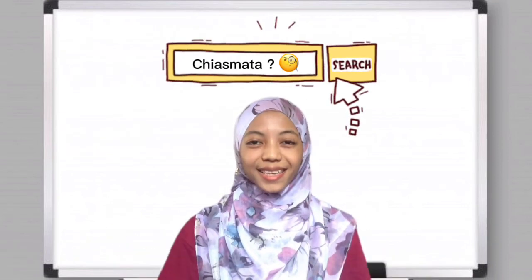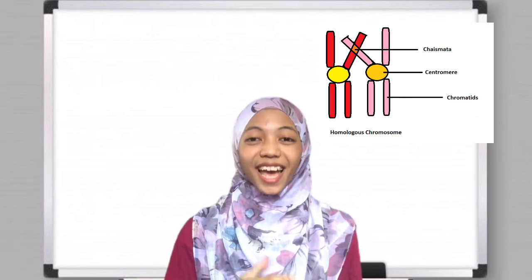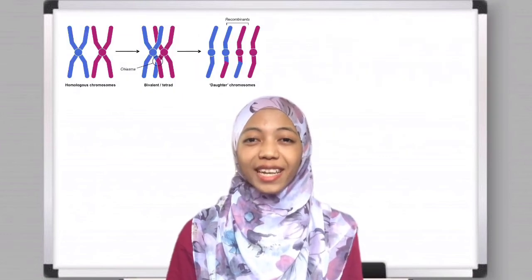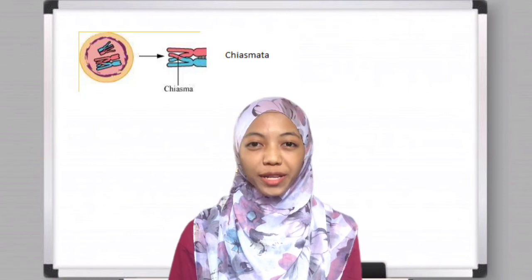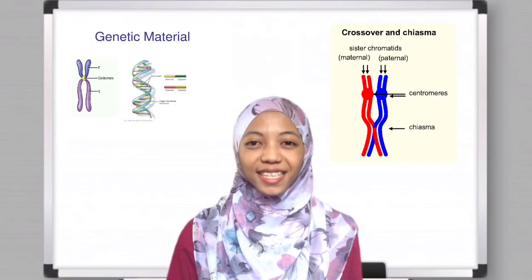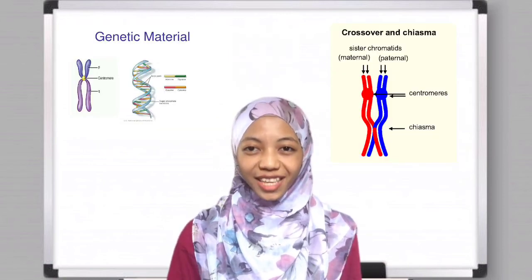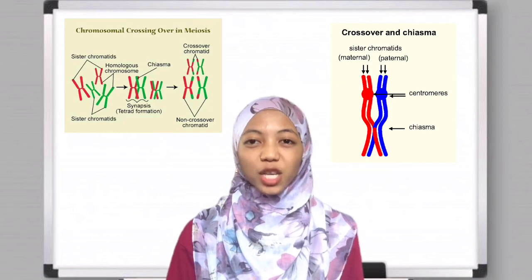What is chiasmata? Chiasmata is the X-shaped structure formed at the point of contact, or the physical link, between two non-sister chromatids belonging to homologous chromosomes. Chiasmata is the point where two homologous non-sister chromatids exchange genetic material during crossing over in meiosis.